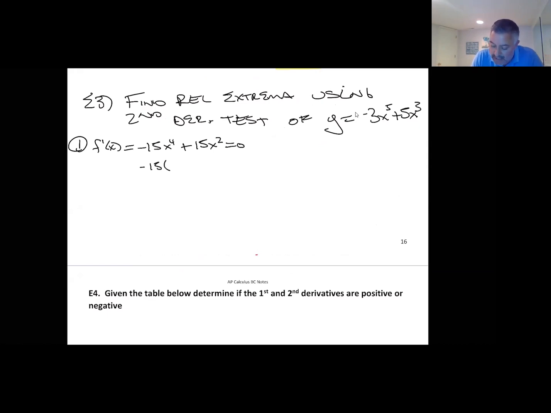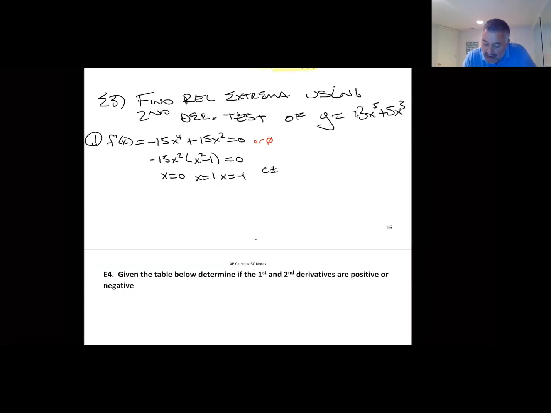Negative 15x squared can factor out. x squared minus 1, x equals 0, x equals 1, x equals negative 1, critical numbers. And all of these, of course, should be set equal to undefined, but since there's no denominators, nothing can be undefined, right? All right, so now that we've got our critical numbers, step 2, find the second derivative.